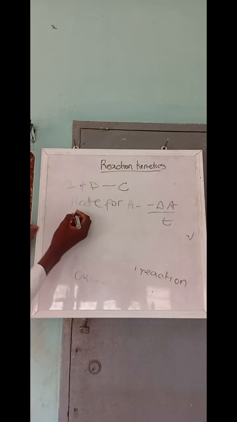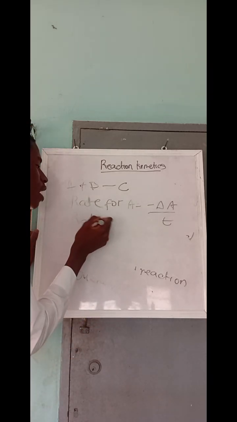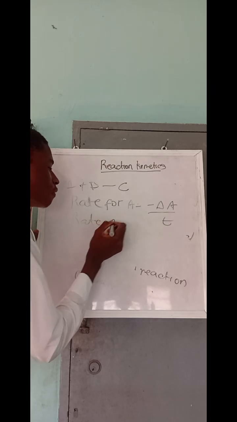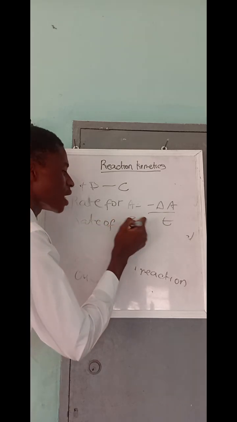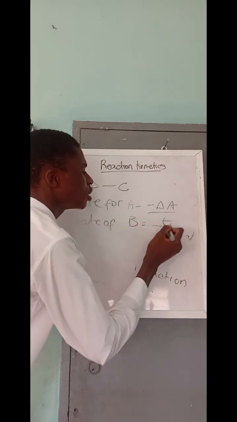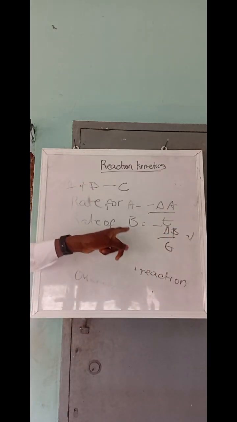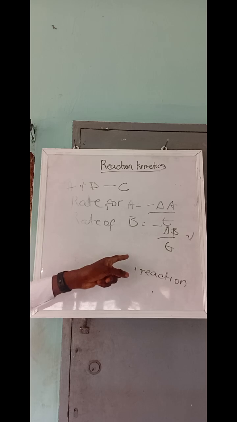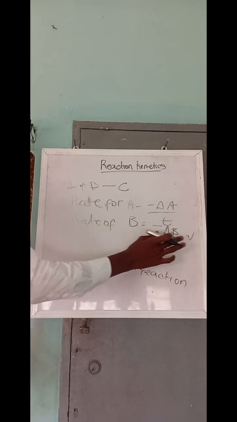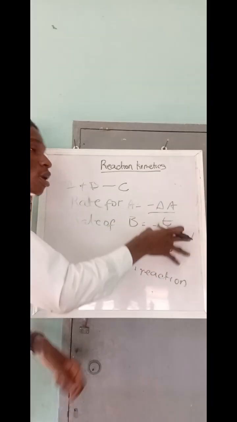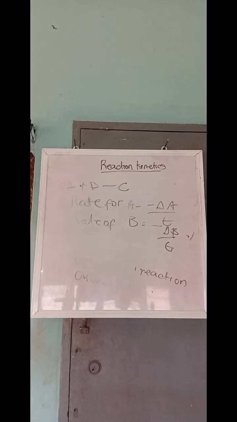So if you want to write the rate of chemical reaction for reactant B, then I will say the rate of B equals minus change in B over t. That means minus change in the concentration of reactant B over the time.